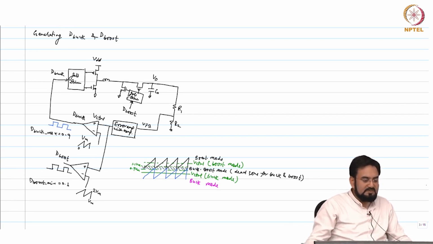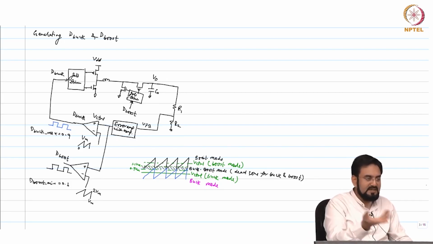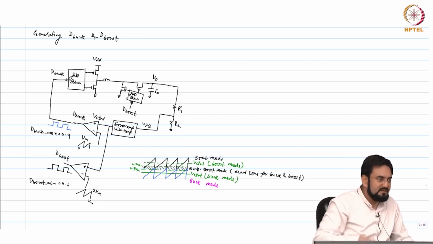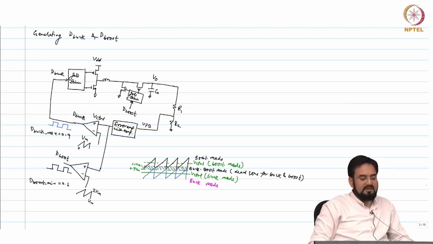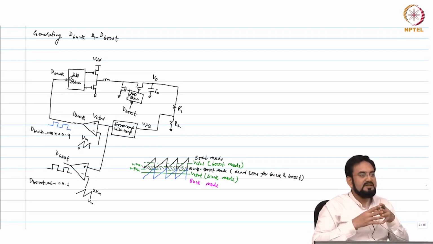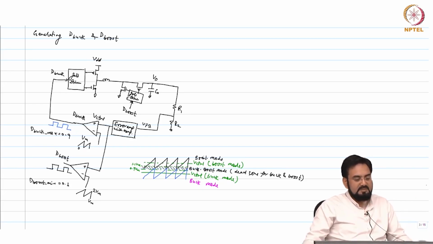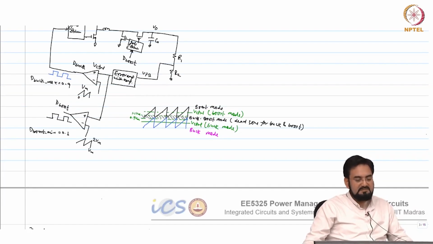So both ways are possible. You can use a 3-bit or 4-bit ADC. You can do a flash, but the accumulator will be slower. If you do it with the flash, then it will be faster. So that's the difference. Depending upon how much resolution you require, you can choose whether you require a 3-bit or 4-bit.